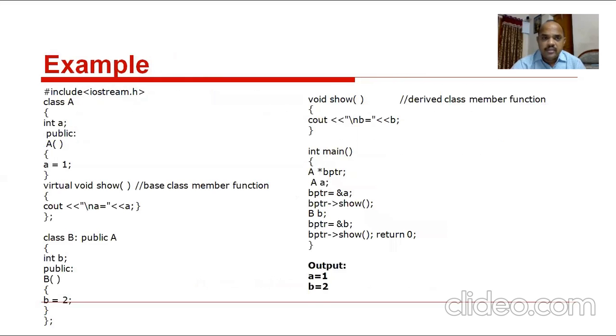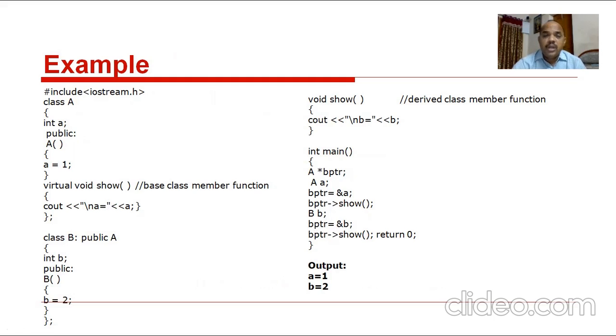Come back to the given example. A is a base class name. Asterisk bptr is a base class pointer object. B is a derived class object, and bptr equal to ampersand b is possible.